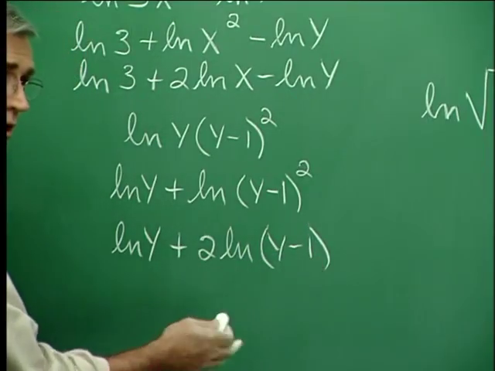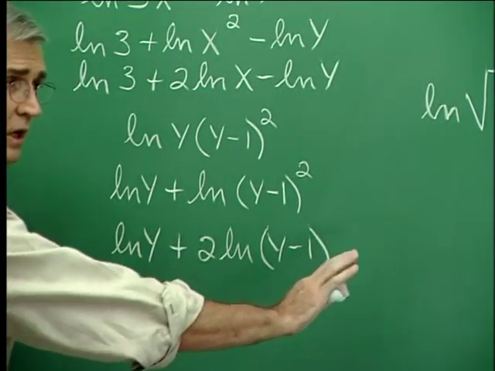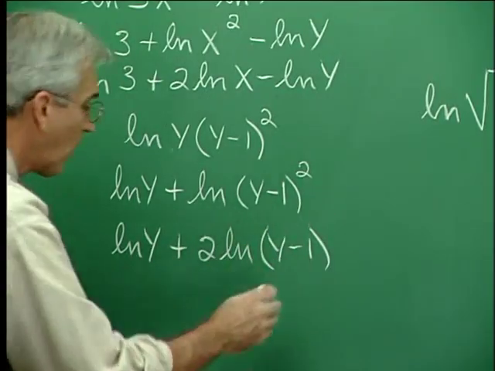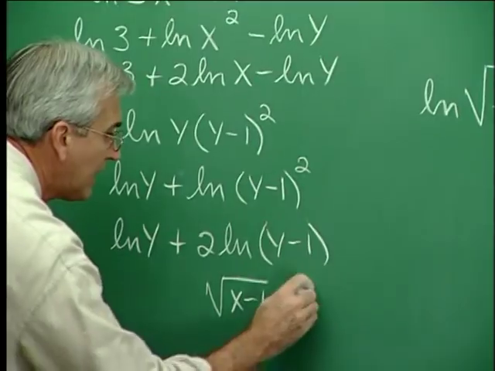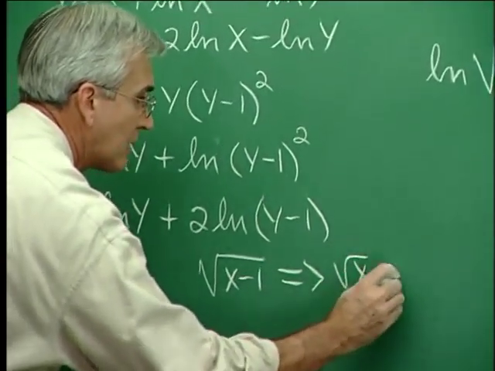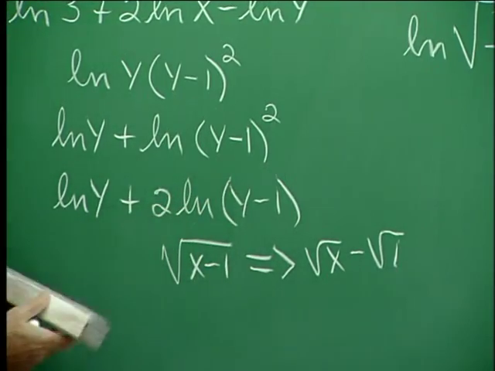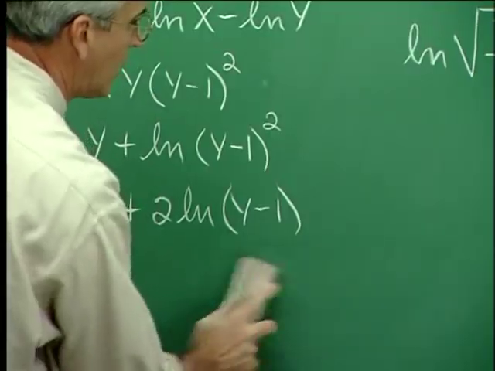Well, that just doesn't work. The logarithm idea doesn't distribute. Other operations don't distribute as well. Now, this doesn't work any more than the notion of having the square root of x minus 1 giving us the square root of x minus the square root of 1. Does this work? No. So this doesn't work either. You see, there's no distribution idea in this notion of logarithms.